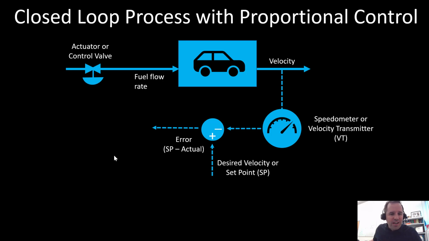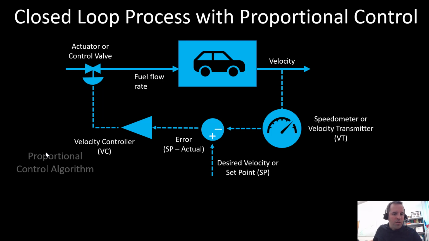So we would take this error signal and multiply it by a gain, a process gain. In Simulink, that process gain block looks like a triangle, but basically you take the signal coming in, multiply it by a number, and then it spits out an output. So the proportional control algorithm looks like this. The value that our manipulated variable takes on is equal to some constant, this k sub p.